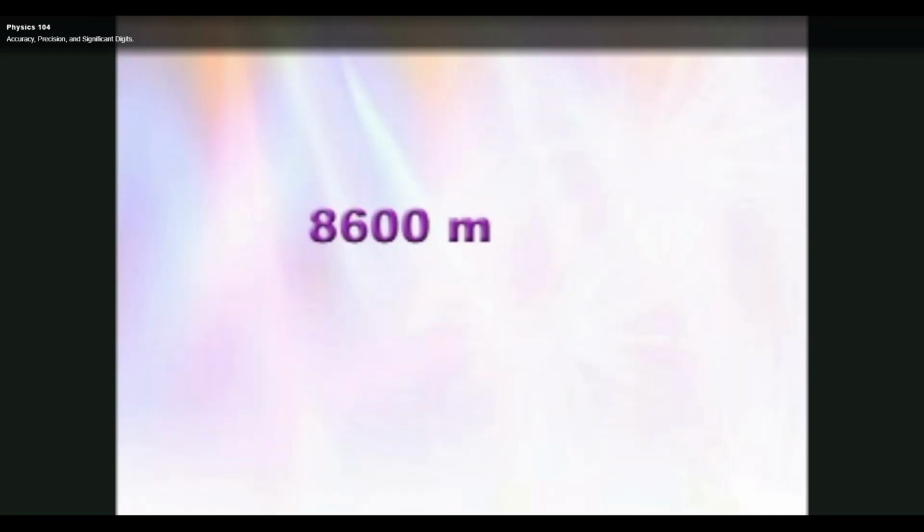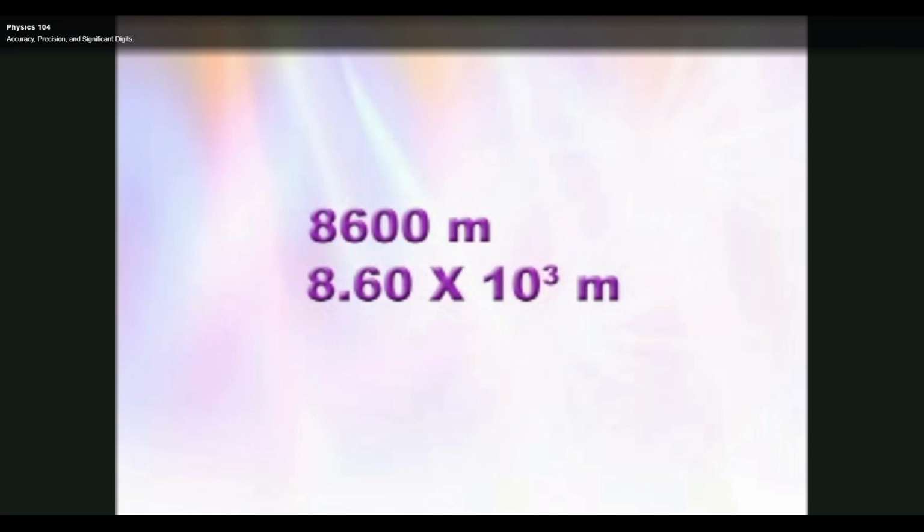So what do you do when a zero is two things at once, a decimal holder and a measured or estimated digit? Suppose in this measurement, the 8 and 6 are measured, and the first zero is estimated. There are two ways to show that this zero is significant. First, you could put the number into scientific notation and keep the first zero.